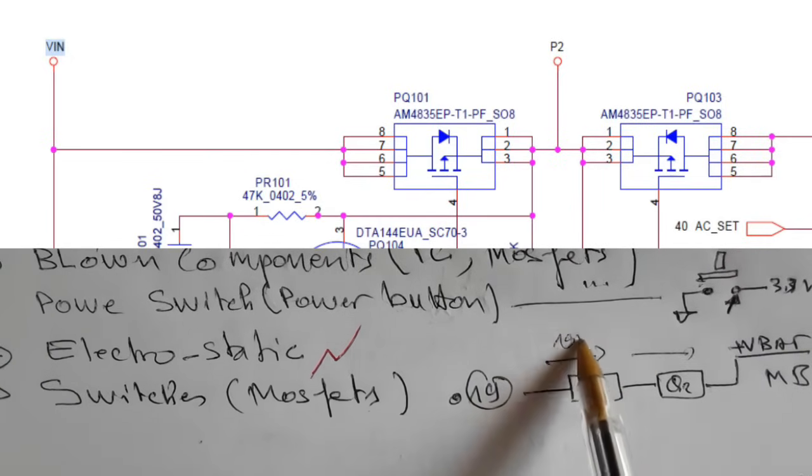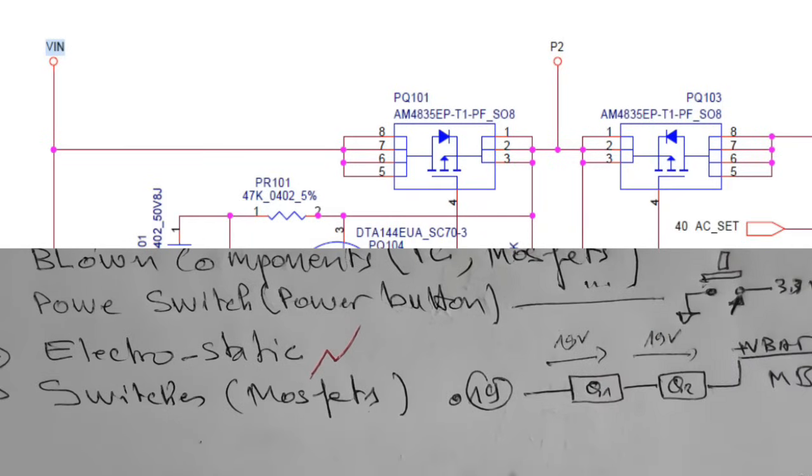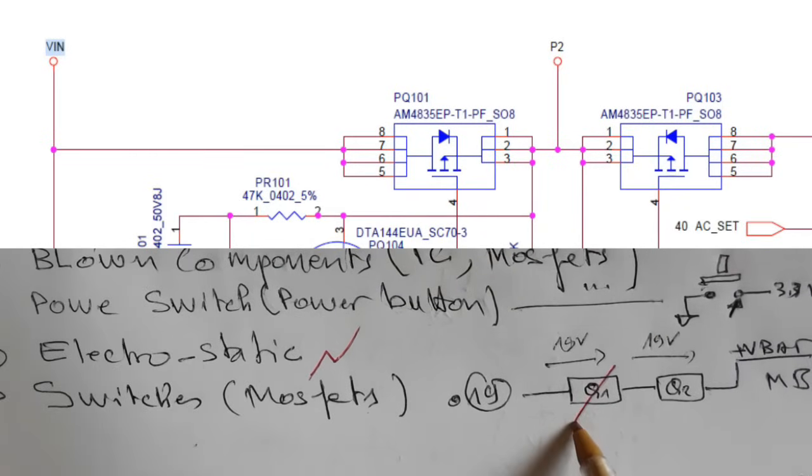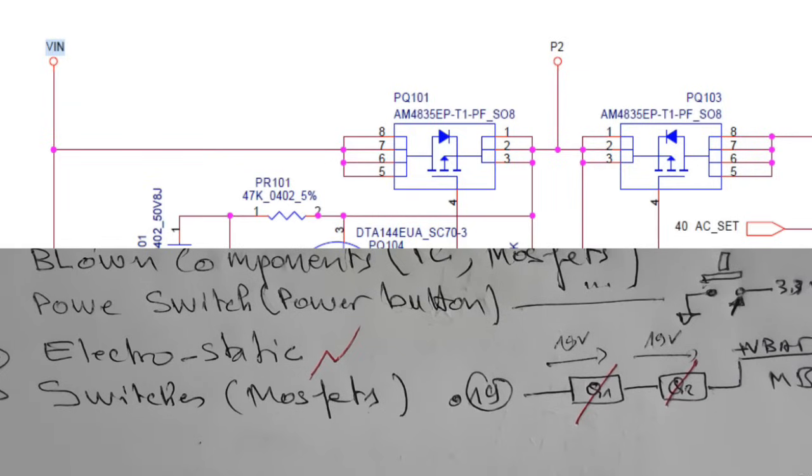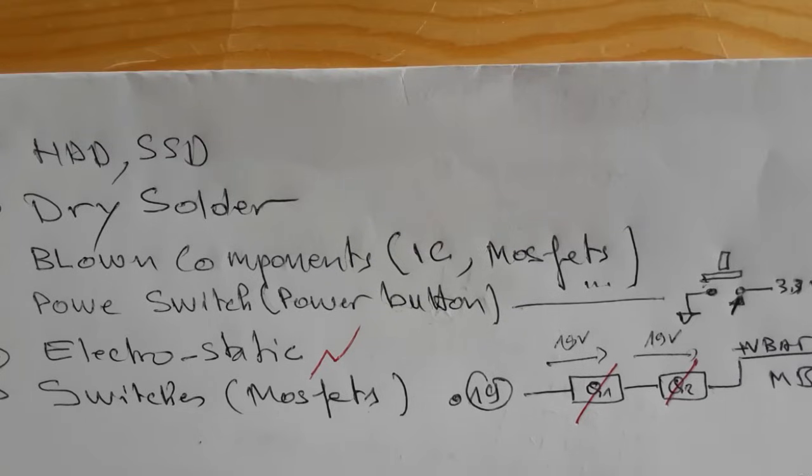If there is any problem in one of the switches, that means the 19 volts will not pass to the motherboard. That's why you should always check the switches or MOSFETs near the power jack. This is like a bridge between the power jack and the motherboard.